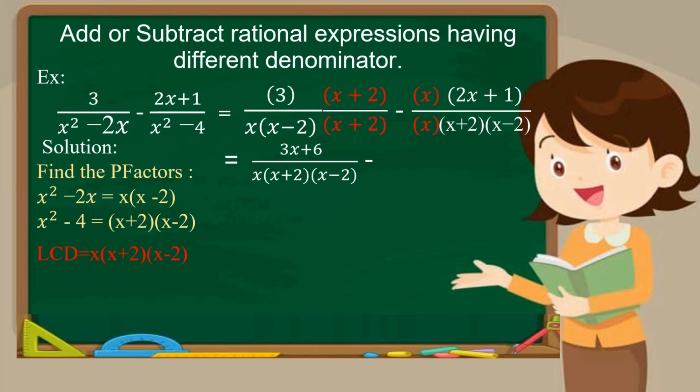Kopyahin lang yan. Okay? And then the minus sign. Okay, this is a factor. We can distribute and multiply it as well. X times 2x equals 2x squared. X times 1 is plus x over, okay, our LCD or denominator. We simply copy it down there.